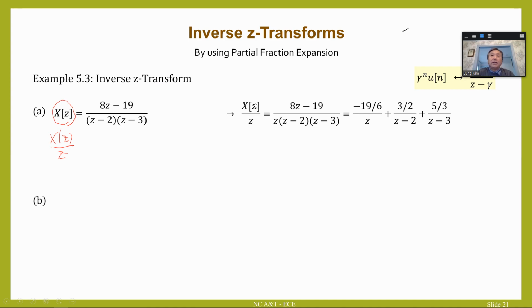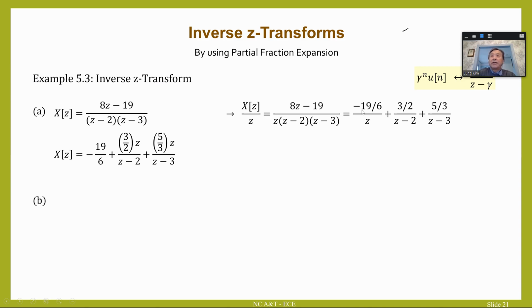After that, to get back to X of z, we multiply every term by z again. This one is just a constant. So after taking the expansion of X of z over z, we multiply every term by z.